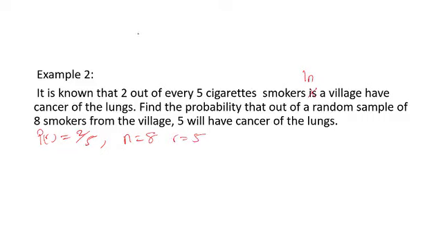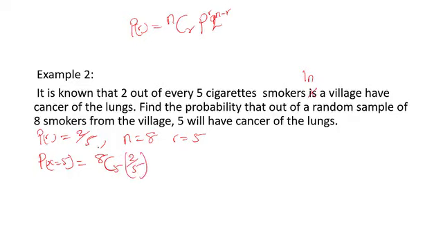Remember that the binomial probability distribution is written as n combination r, p raised to the power r, then q raised to the power n minus r. So we have to apply everything here. So we can now solve P when x is equal to 5, which is simply 8 combination 5. Our P here is 2 over 5.